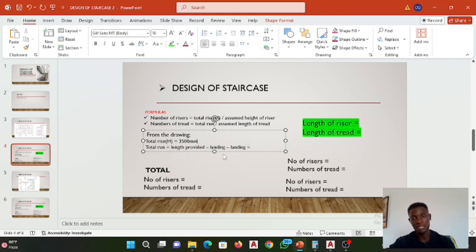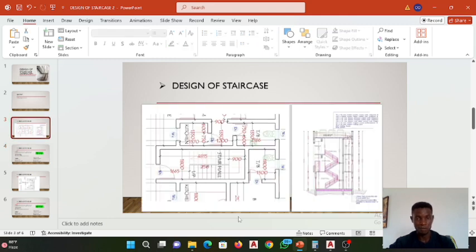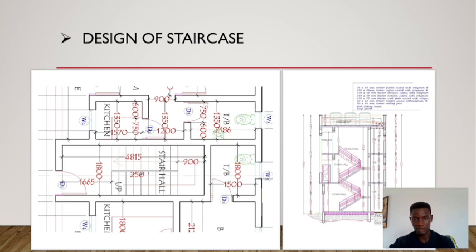Then the total run. What's my total run? I said total run is the length provided minus the landings, depending on the number of landings you have. Let me zoom this again. Okay, I think you can see from here. Let me assume this: we have 4815, and the architect is telling us that the landing here is 1665 and the other landing is 900. To get our total run, we are going to do 4815 minus these 2 landings.